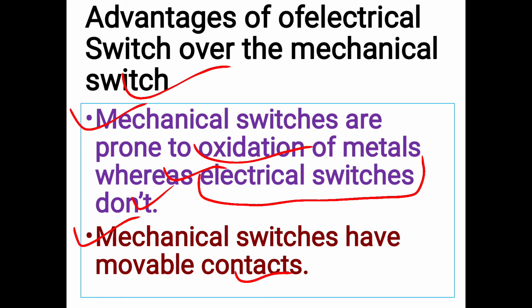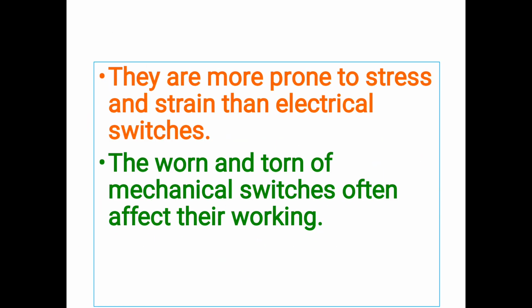Now the third point is that they are more prone to stress and strain than the electrical switches. As we know, if you take the example of the mechanical switch in the electrical board that we are using, if we press the button or switch, then we are applying stress and strain force.